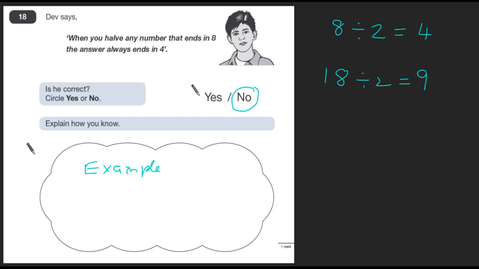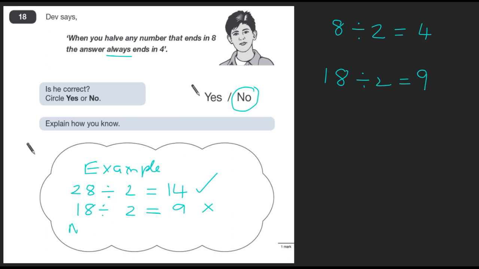So example, you can write the example as a number. 28 divided by 2 is 14, right? And that is correct, but 18 divided by 2 is 9, so that is wrong. So underline the word always ends with 4.